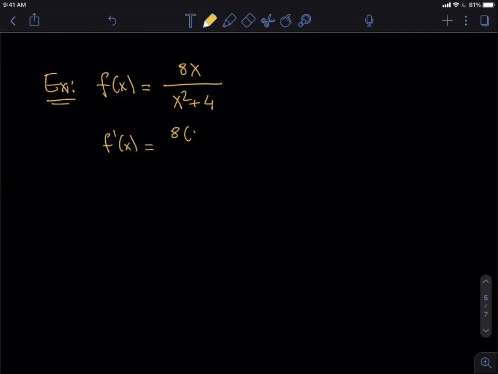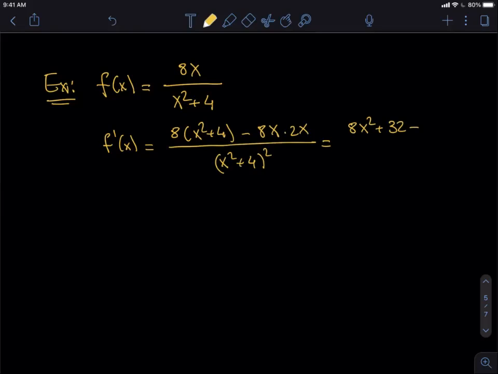So in a situation like this, first thing, we should compute the derivative. So this is 8 times (x squared plus 4) minus 2x, well, let's keep the order, 8x times 2x, divided by (x squared plus 4) to the power 2. So that is 8x squared plus 32 minus 16x squared divided by (x squared plus 4) to the power 2.